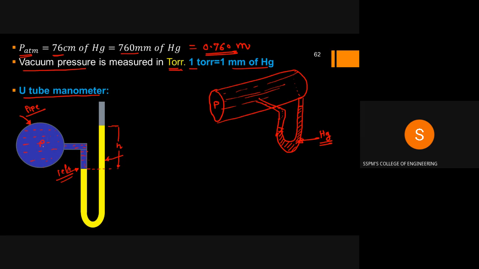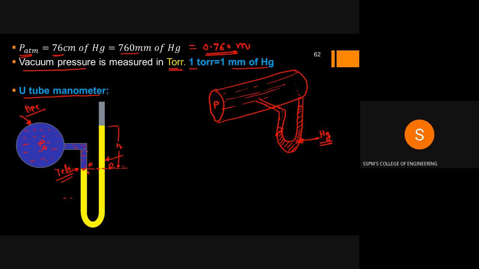Let us take this point as PA. We can select one reference line, which is the lowermost point of the left side. The pressure along this line will remain the same.